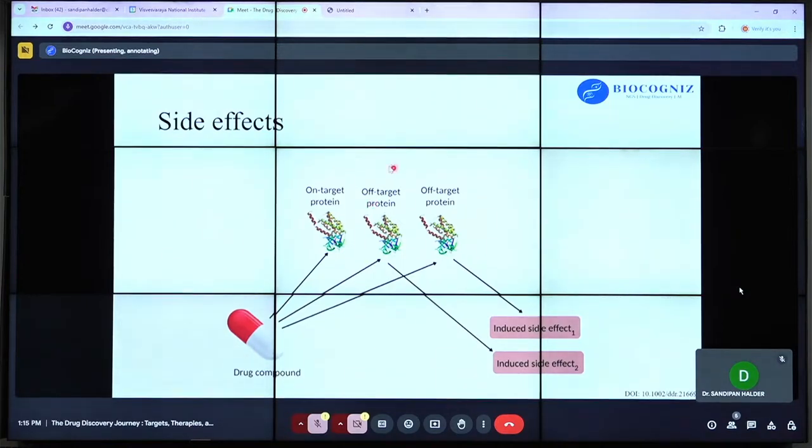But this protein may also need to be targeted for some reasons. If you target it when it is overexpressed, then it is fine. But when it is not needed, when it is not to be targeted, and you target that protein, we call it a side effect. If you understand this, then everything will be clear. It is not something we can say is dangerous.